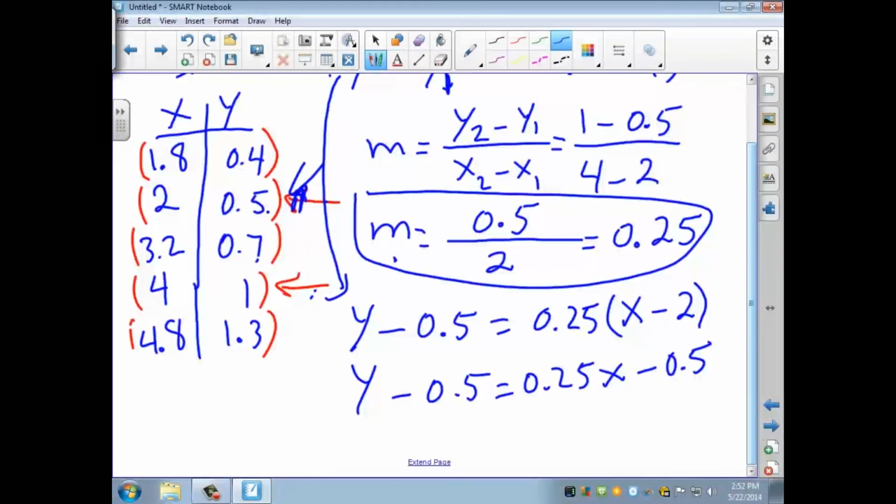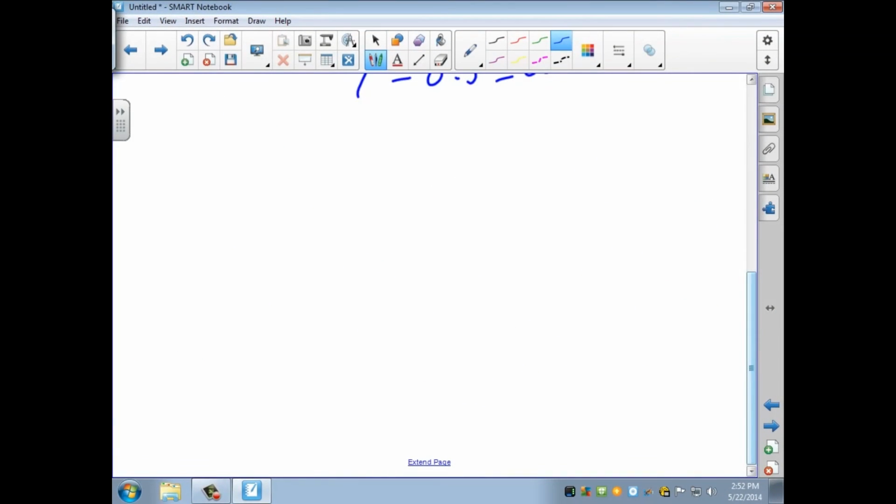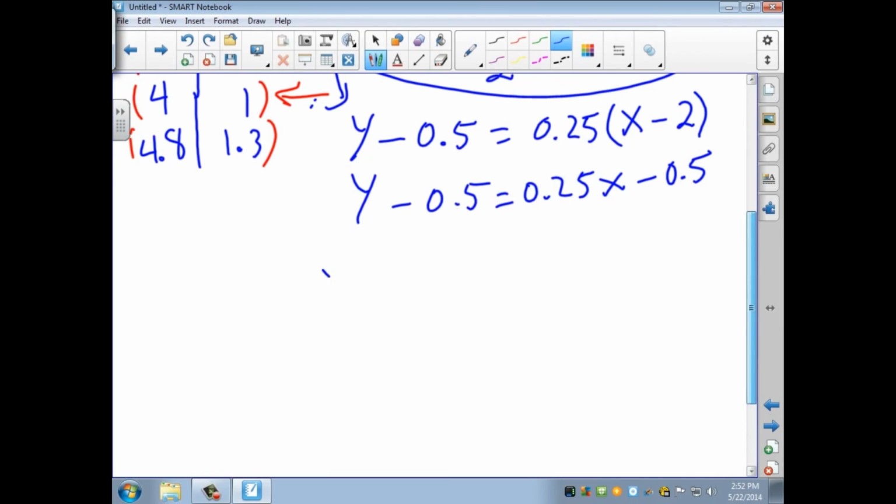So this minus 0.5 and this minus 0.5 would cancel each other on the two sides. Therefore, y is equal to 0.25x.